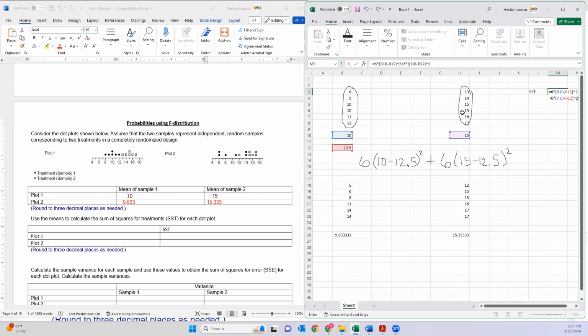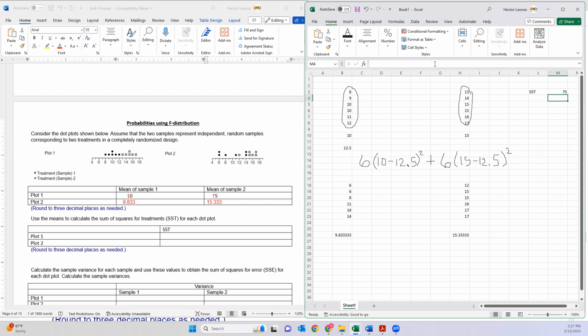When I do it here in Excel, I don't write the number. I actually use the little cell here. We call each of these little rectangles cells. Okay, so I press enter, and that's going to be my sum of squares for treatments on plot 1.